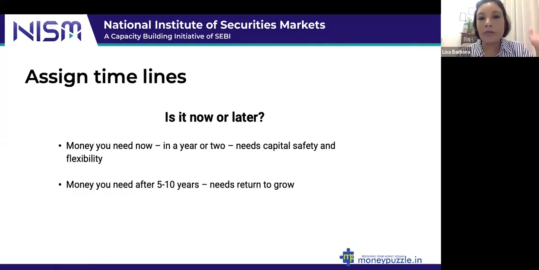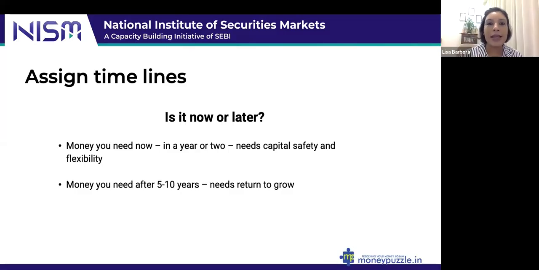Money you need after 5, 10, 15 years needs to grow. What does it mean to grow your money? There is one aspect of our financial lives which all of us are subject to and none of us can escape, which stops our money from growing. And that is inflation.